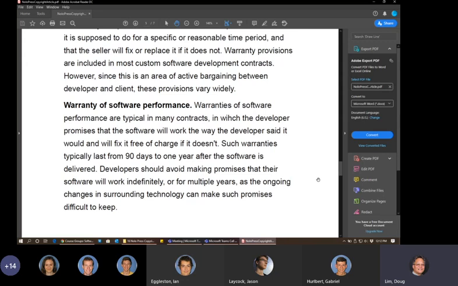Yeah, so developers want to avoid making promises that their software will work indefinitely, and again, we know that can be very hard to keep and very expensive.